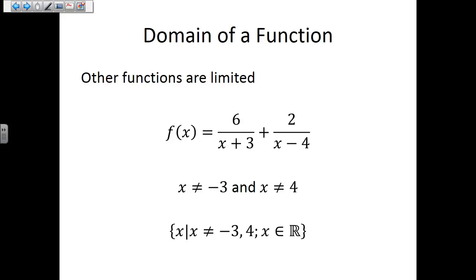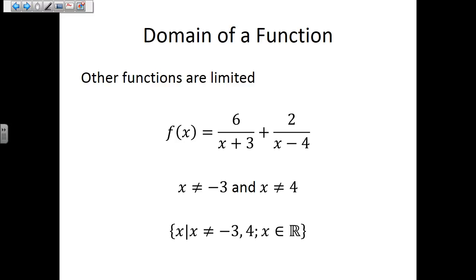Looking at the rational functions, my limitation is the bottom of a fraction can never ever equal 0. So for the first fraction, x can't equal negative 3, because that would give me 0 on the bottom of that fraction. For my second fraction, x cannot equal 4, because that would give me 0 on the bottom of the fraction.